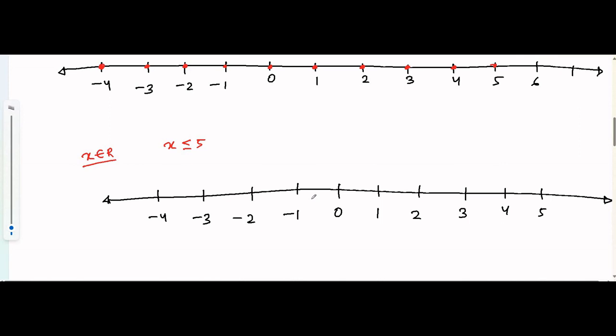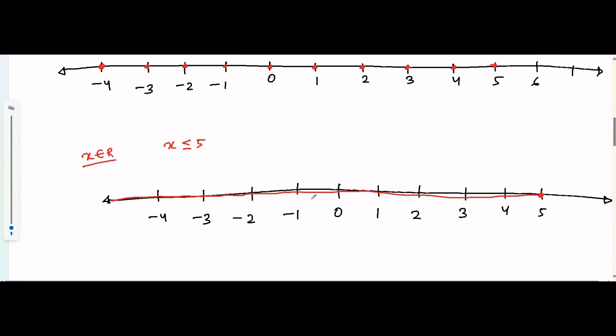So here there is a convention. The solution is the relationship x is lesser than or equal to 5. So 5 is also part of the solution. All the numbers starting from 5 and to the left of it are part of the solution. So we'll highlight them with a solid line, like this. Please forgive my drawing skills.